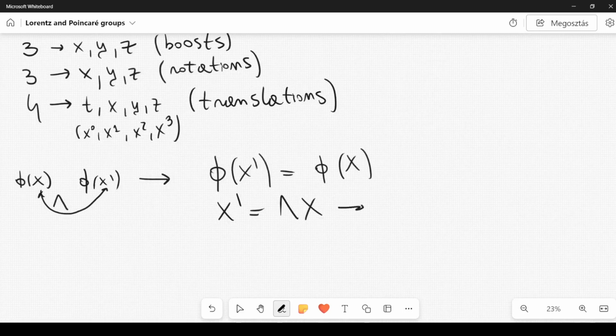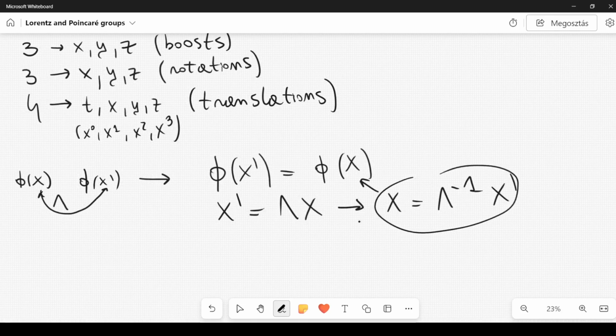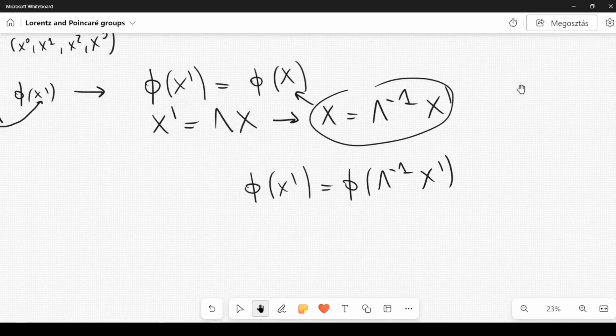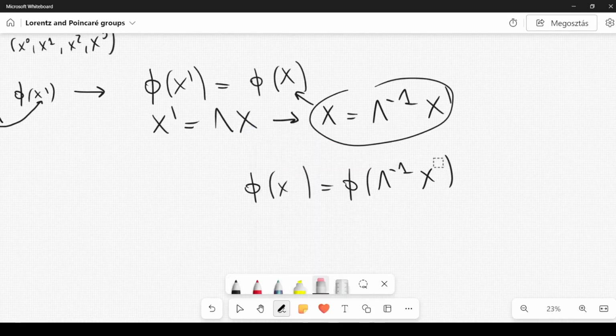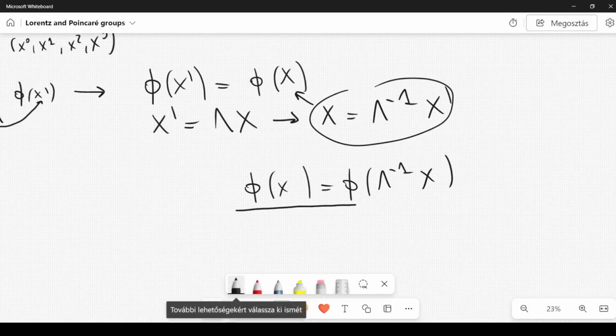We can write x equal to lambda inverse x prime, and we can substitute it in here, meaning that phi of x prime is equal to phi of lambda inverse x prime. Now we can drop the prime, and we can say, okay, our field transforms like this. So phi of x is equal to phi of lambda inverse x. This is the transformation for a scalar field.